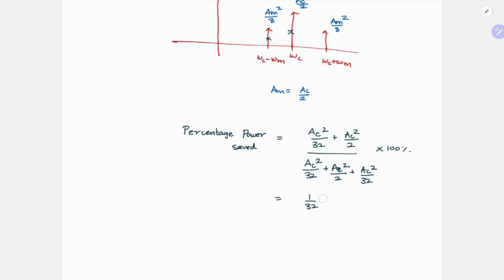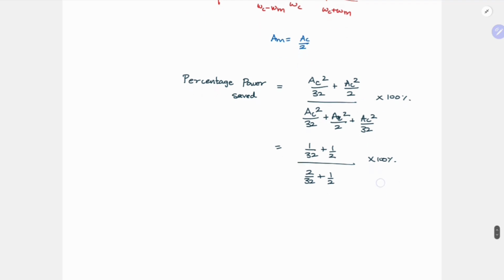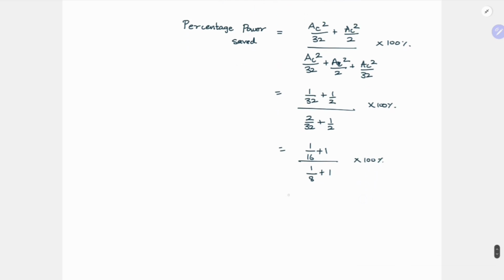So this is 1 by 32 plus 1 by 2, divided by 2 by 32 plus 1 by 2, into 100%. If you knock out the 2, you have 16 plus 1 divided by 1 by 8 plus 1, into 100%. So this is nothing but 17 by 16 divided by 9 by 8, into 100%.